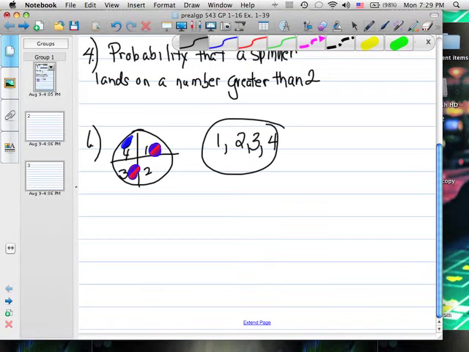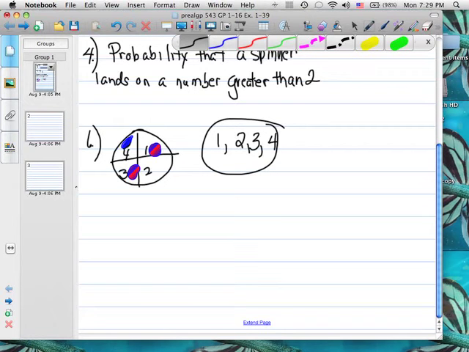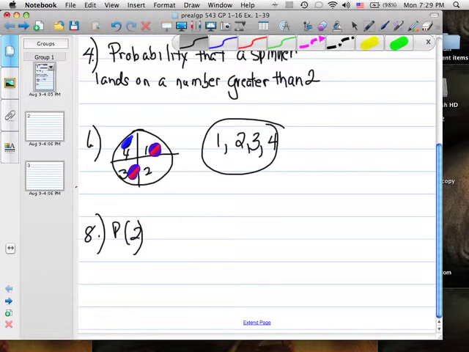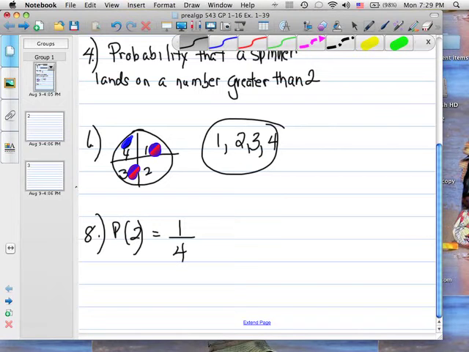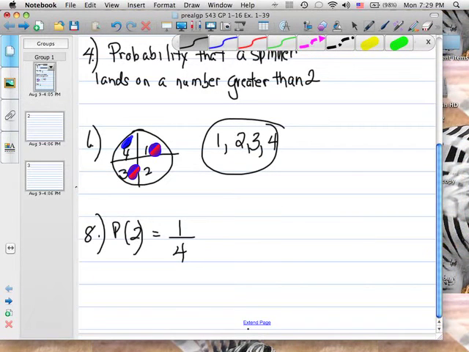Problem number 8, find each probability for the spinner that was shown right here. The probability of the spinner landing on a 2. Well, there's one way to get the 2 out of 4 possibilities, so it's 1/4. Use 2 lines for fractions, please.